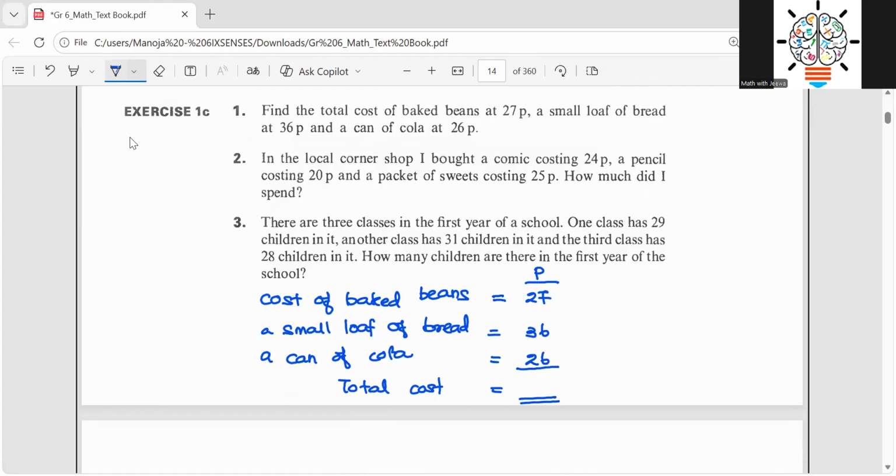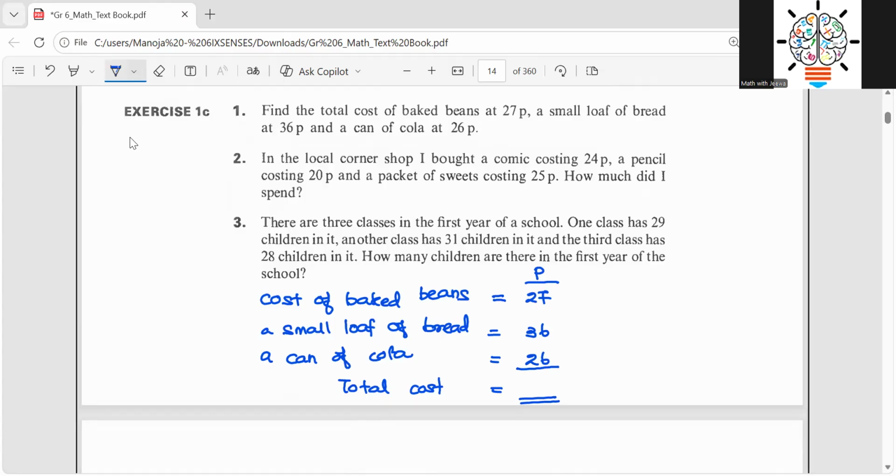So 27, 36 and 26 together, you can add and write the answer, and then the unit will be pence, right?